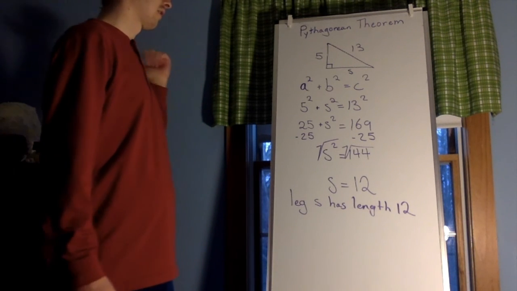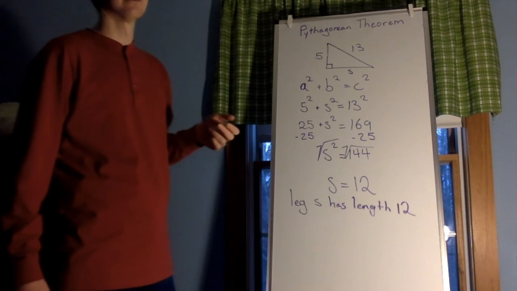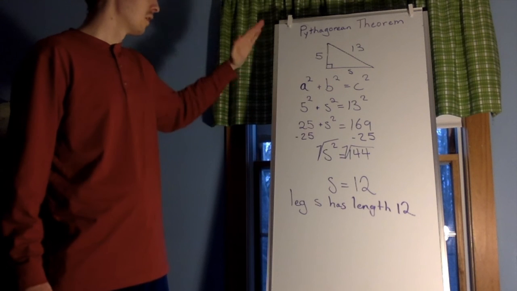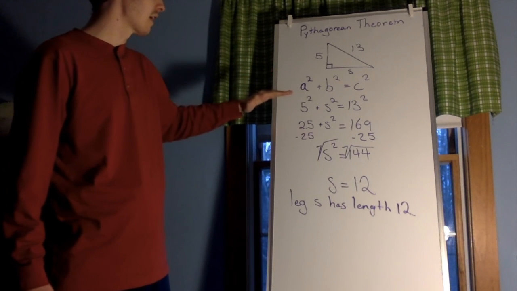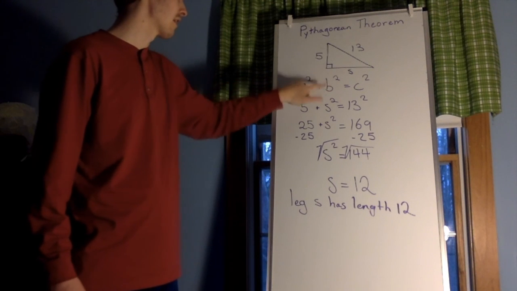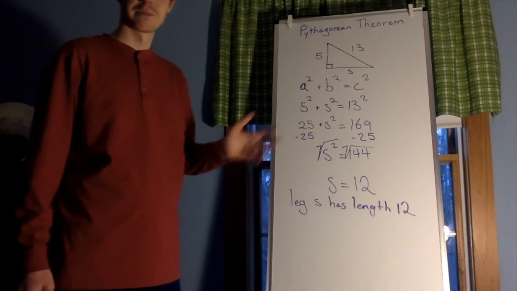Because as we saw in this problem and the last problem, it's a slightly different method depending on what you're solving for. But as long as you go through methodically and make sure you're putting in your leg lengths for A and B and your hypotenuse for C, you should be all set.